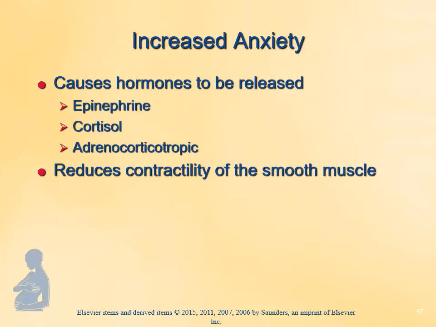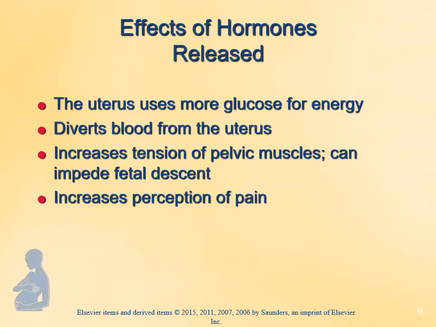And so it preferentially gives blood to the brain, the heart, and the adrenal glands. And consequently, the uterus gets less blood flow, less oxygen. And so we start to see some changes in our fetal heart rate pattern because of that.